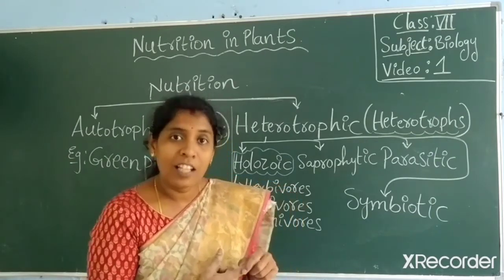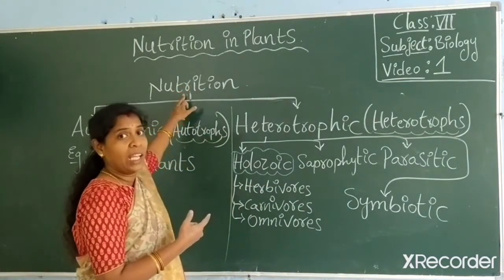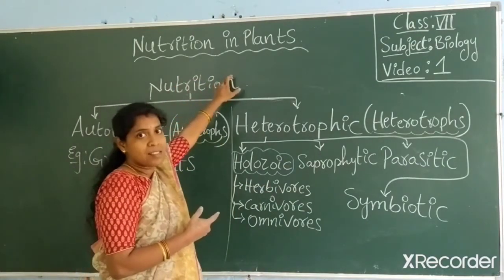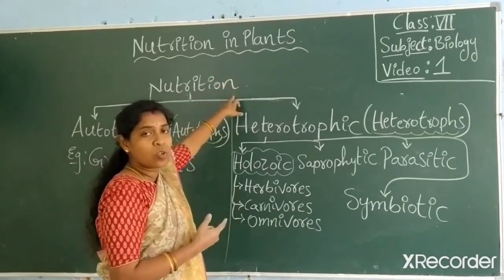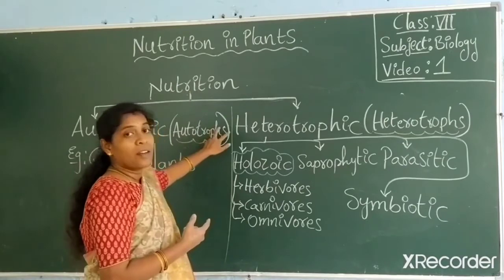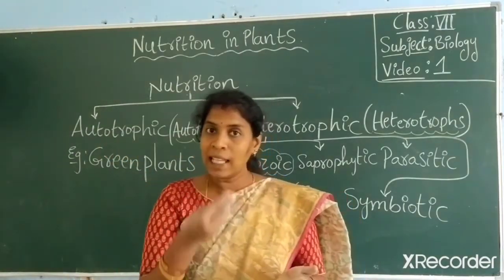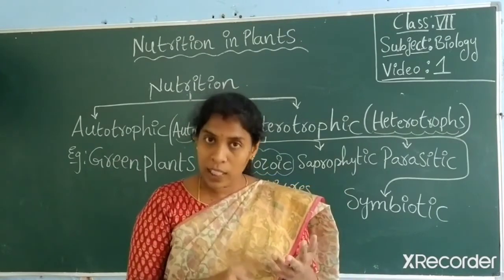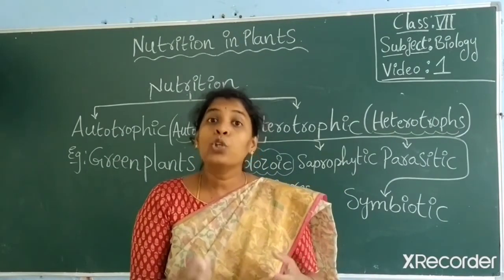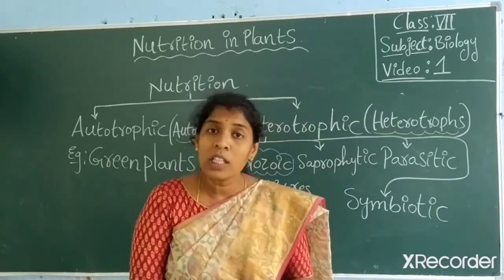In that, now we are discussing nutrition, majorly nutrition in plants. The nutrition has again been classified into two types. First of all, what is nutrition? The process of taking food by an organism and utilization of that food by the organism is known as nutrition.